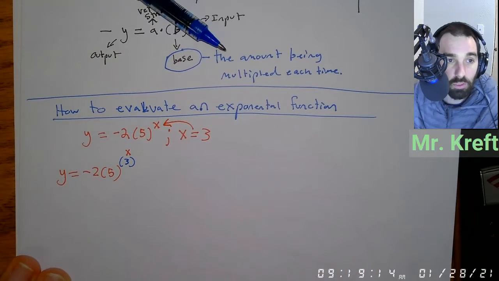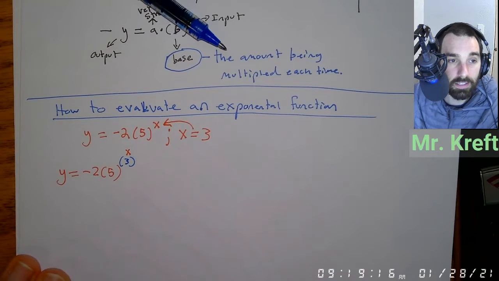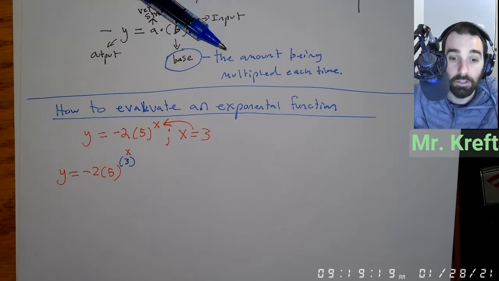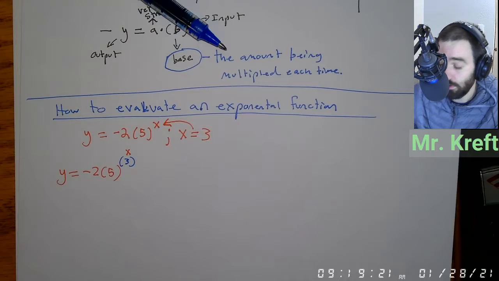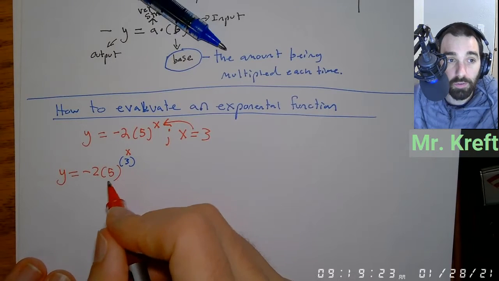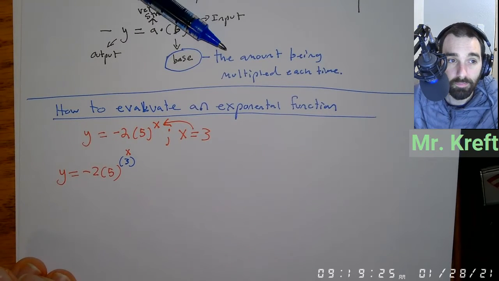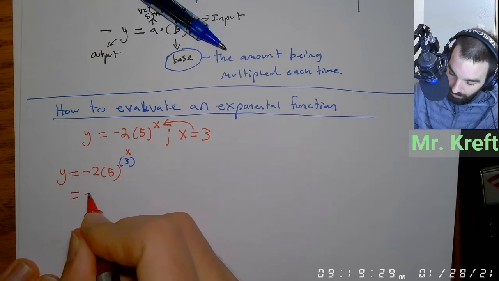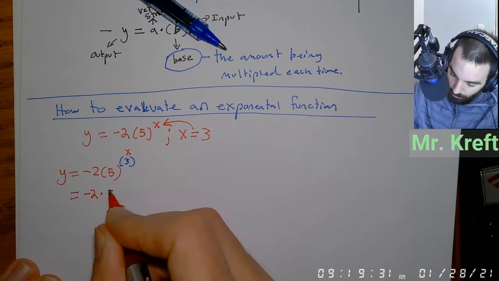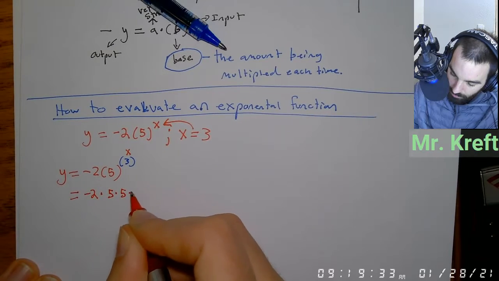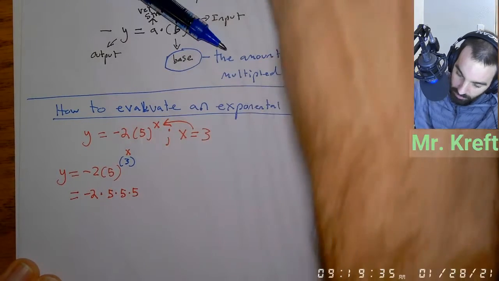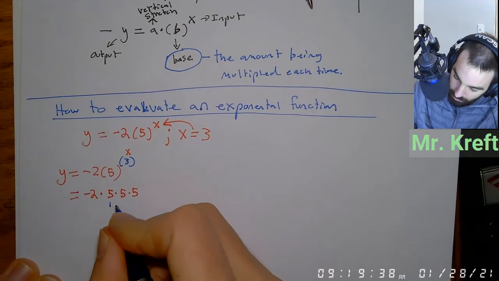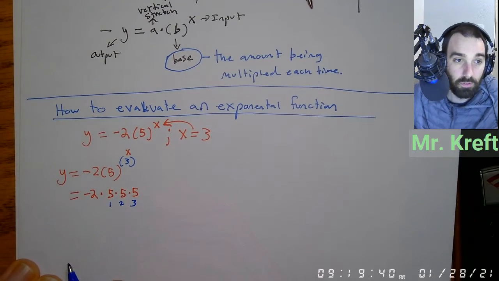I'm taking x equals 3 and plugging it in for the x. In this case, the numbers are really small, 3 is a pretty small number. So this is the same as -2 times 5 times 5 times 5. Notice this is 1, 2, 3 fives.